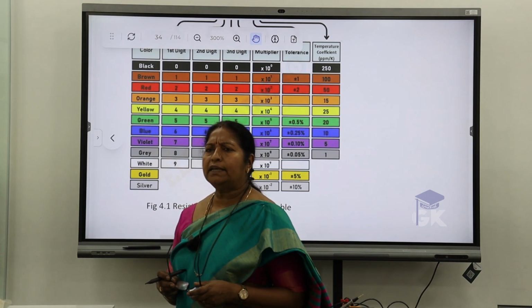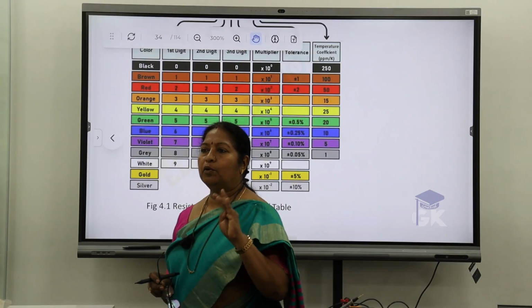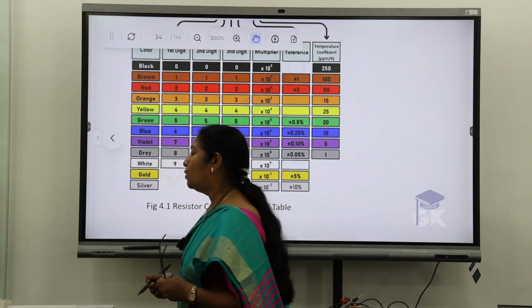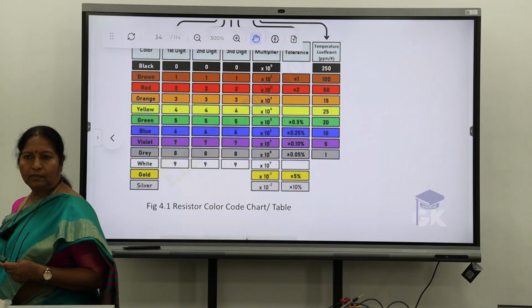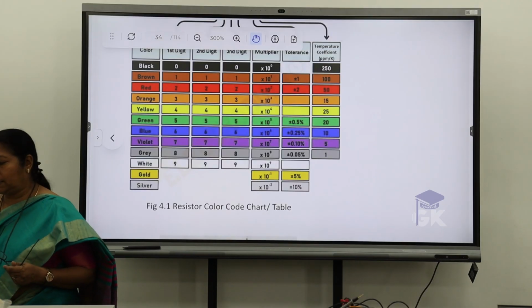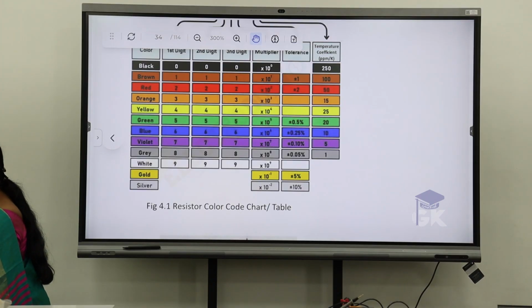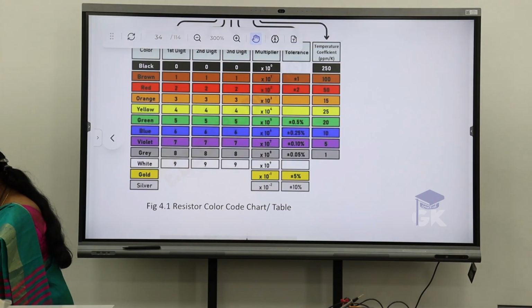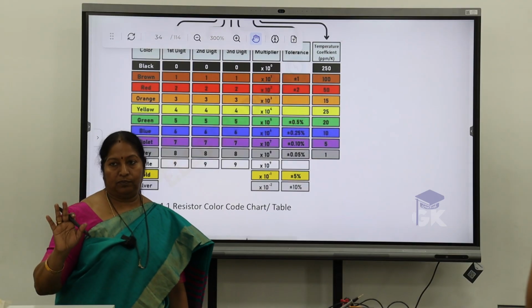What is the 5% of that value, you calculate. For example, say you have 100 ohms. For 100 ohms, plus or minus 5%, what is it? No, I am asking what is the 5% of 100 ohms? 5 ohms.